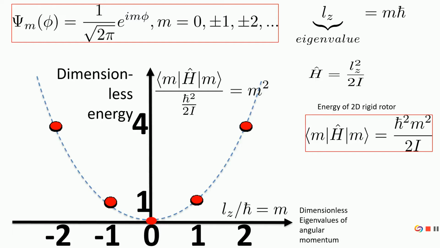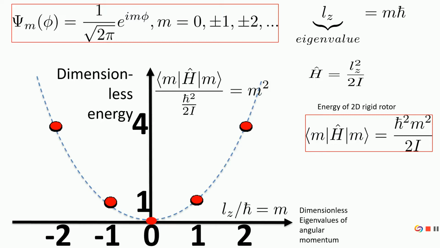Okay, and now I return back to the fact we were looking at in this figure. What is the property of m squared function? Is it even or odd? Even means symmetric. No matter positive or negative, it will be the same value. So no matter whether it rotates forwards or backwards, if the amplitude is the same, the energy will be the same. This is the value of this quantum number.